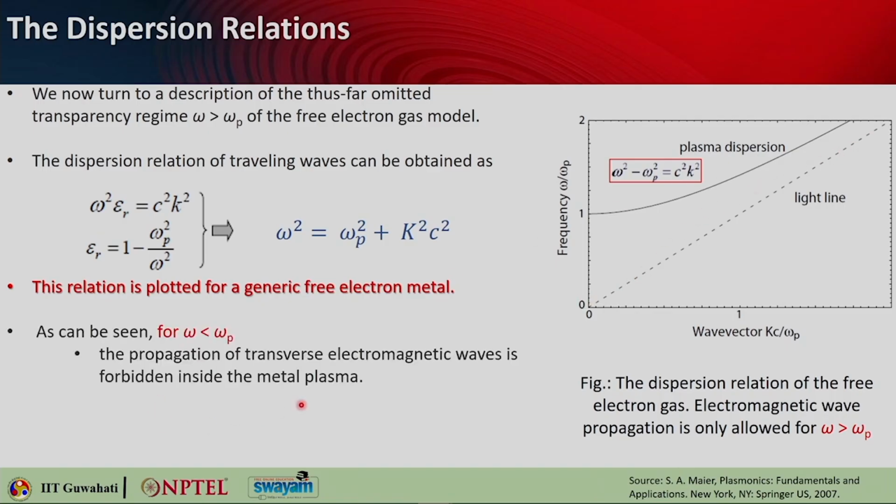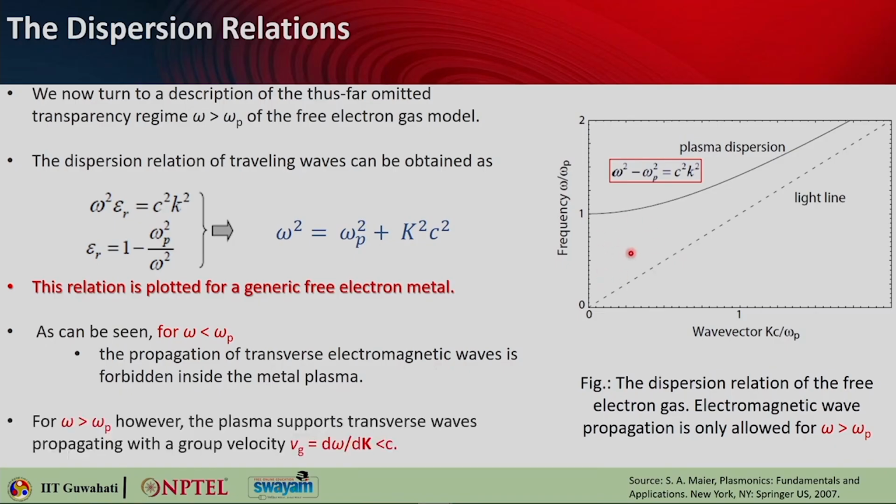Now as can be seen, when omega is less than omega p, that is in this region, propagation of transverse electromagnetic wave is not allowed into the metal plasma. And when it is above this particular region, plasma supports transverse wave propagating inside the metal.